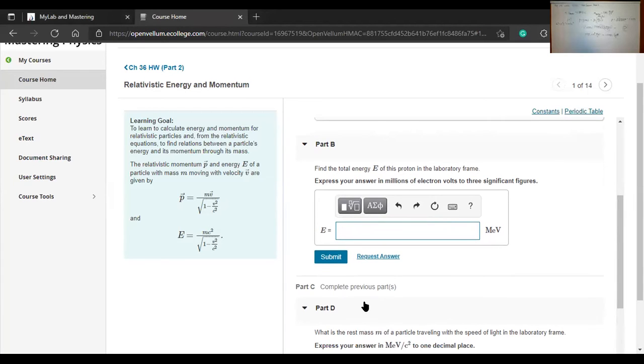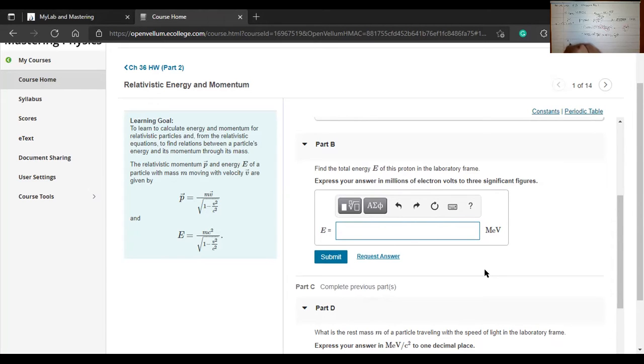I got you. So part B, find the total energy of the proton. Now this is kind of nice because the total energy is just gamma times MC squared. If you take 938 MeV per C squared as the M, then the C squared in the bottom of the units cancels out with that C squared. So you really just have to multiply it by gamma. So the 938 just has to be multiplied by gamma. In other words, let me write it this way.